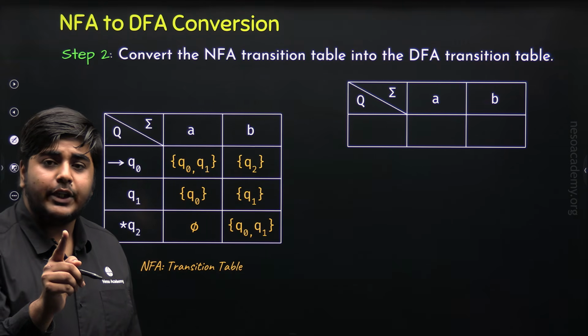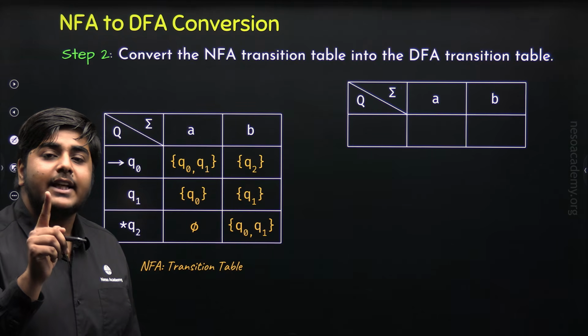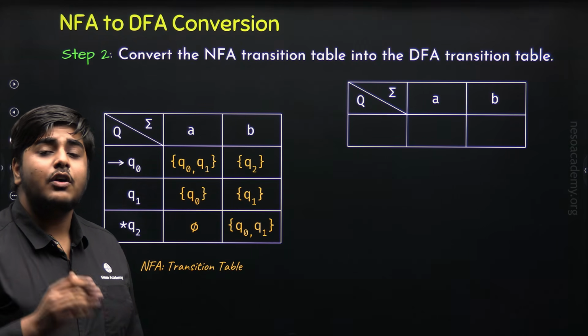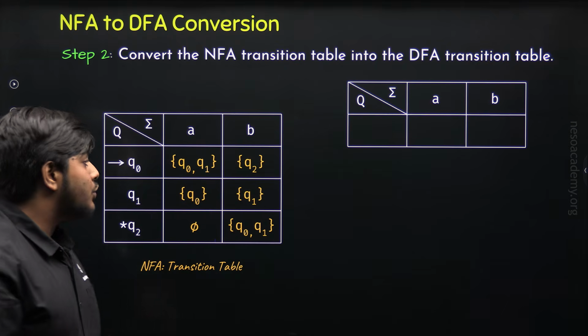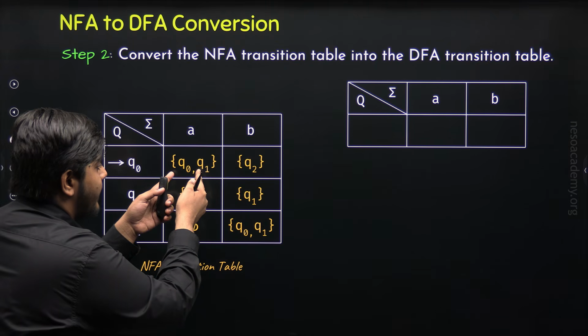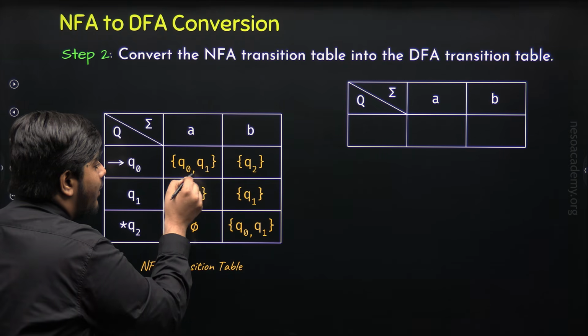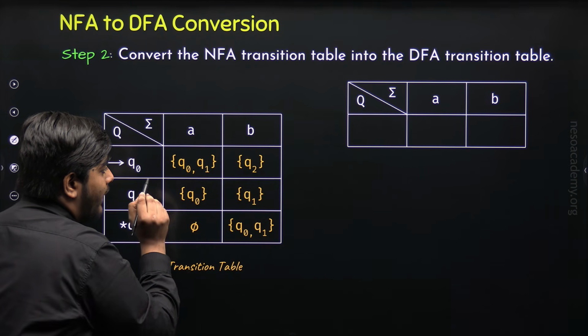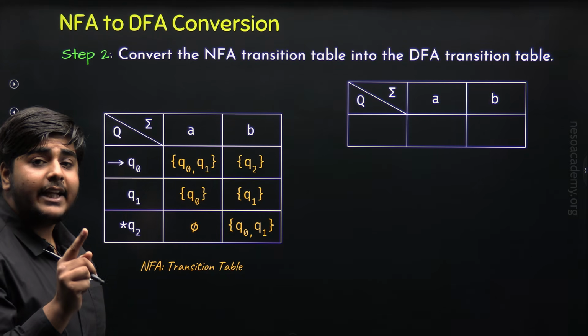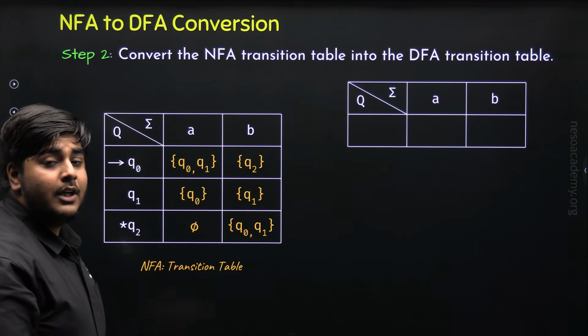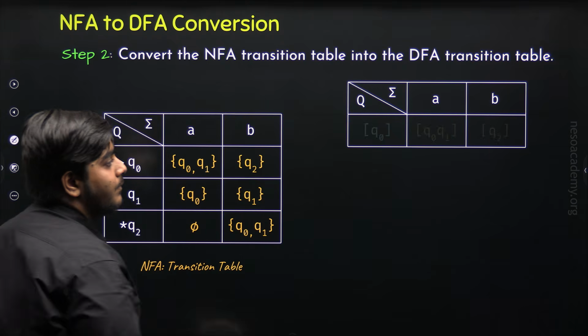In DFA, for every current state, there is only one next state possible for a given input symbol. So we have to combine these two states to form a single state. We have to remove this comma from between Q0 and Q1, and that will form a single state called Q0 Q1.